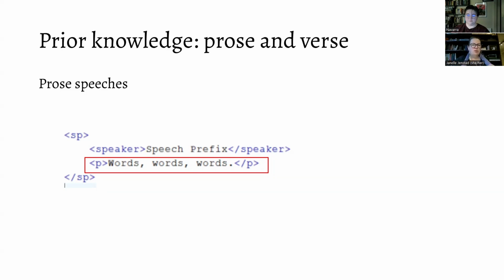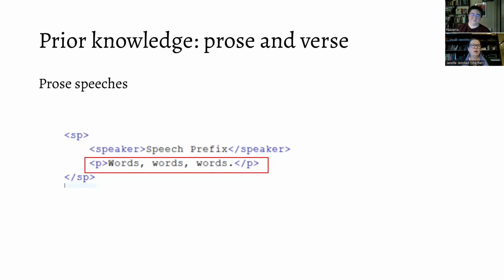We use it in a slightly off-label way to indicate prose. And you can see that the entire speech, SP, has its child speaker element, and then the child P containing the content of the speech. Words, words, words, as Hamlet says.